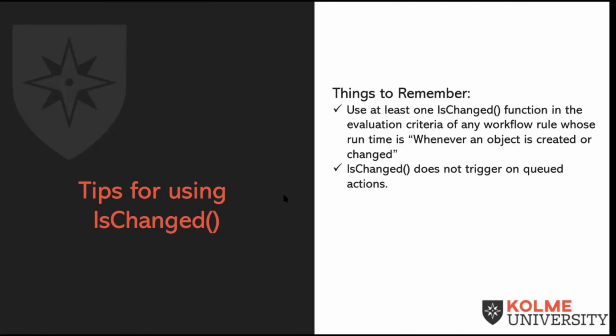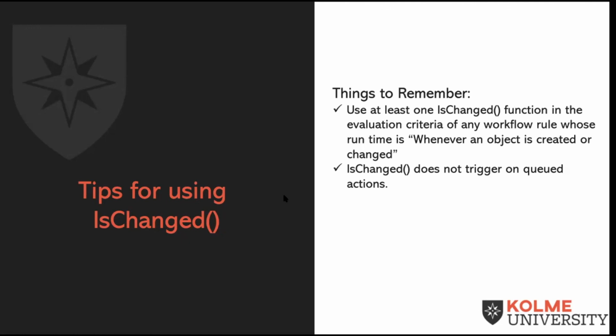And the next tip is, IsChanged does not trigger on indirect or queued changes, the most notable of which is indirectly when changing dates on a work item's children's tasks. For example, if you push out the due date of a task, that in turn pushes out a due date of a parent project.